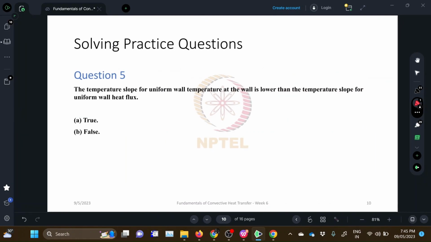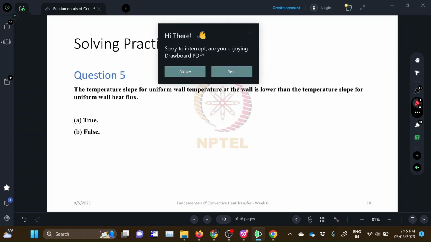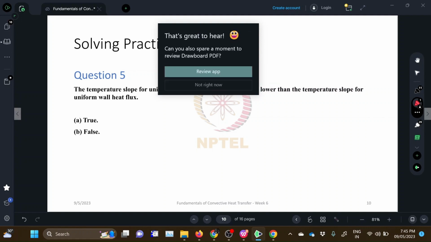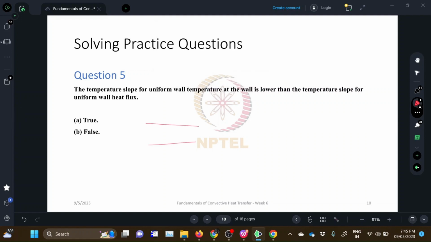Okay, so the temperature slope for uniform wall temperature at the wall is lower than the temperature slope for uniform wall heat flux. Is it true or is it false? So the statement is that for 2 cases, where I have a constant heat flux, Q double dot equal to constant, and another case where I have T constant, which is TW equal to constant, the isothermal wall case.